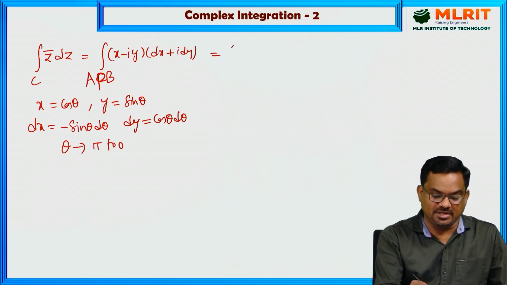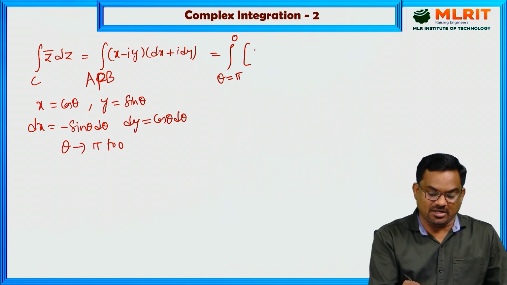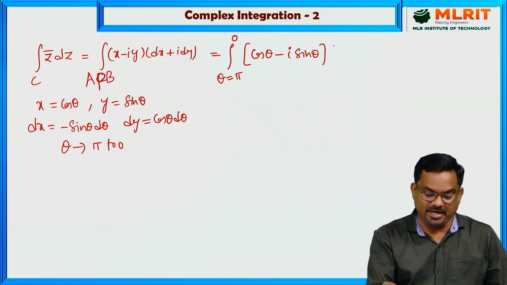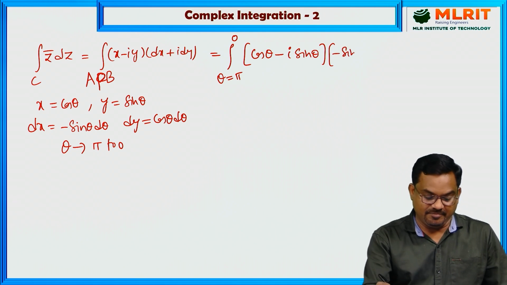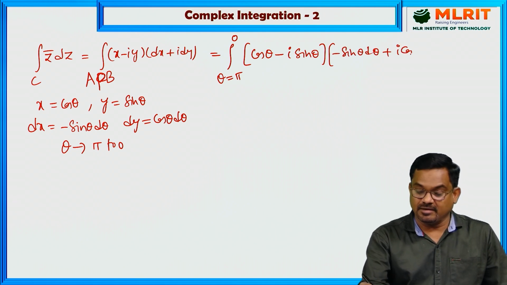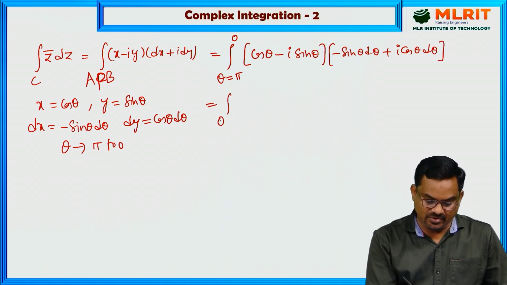So, this is equal to integral theta from pi to 0, x minus iy, x equal to cos theta minus i into sin theta, multiplied by dx, minus sin theta d theta, plus i into dy, cos theta d theta. So first we need to simplify this, then we can integrate with respect to theta.